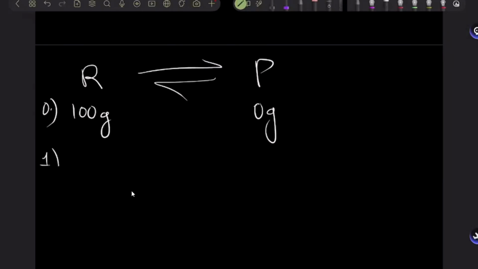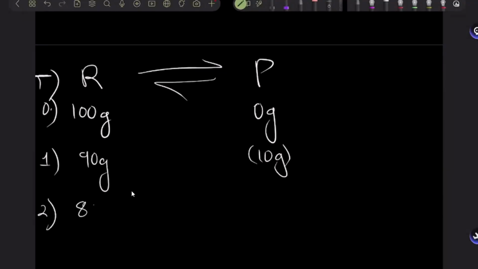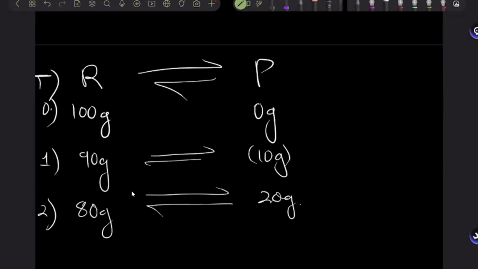So at time zero, it was like this. At time 1 minute, it became 90 grams, and this became how much? 10 grams, the products. Then at 2 minutes, this became 80 grams and this became 20 grams. Now, do remember that this reaction is proceeding in both directions.